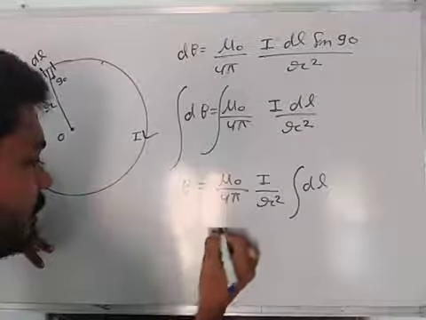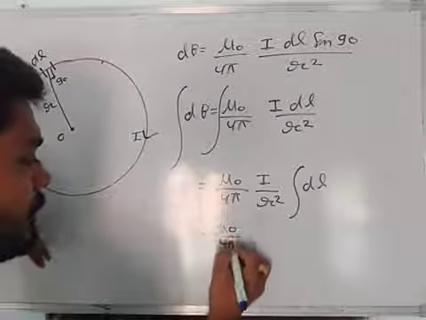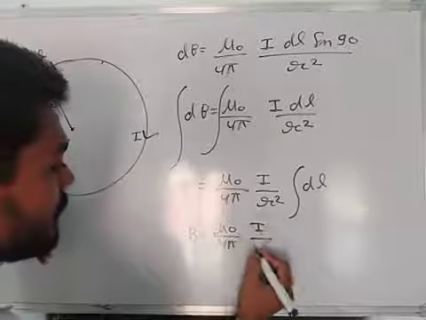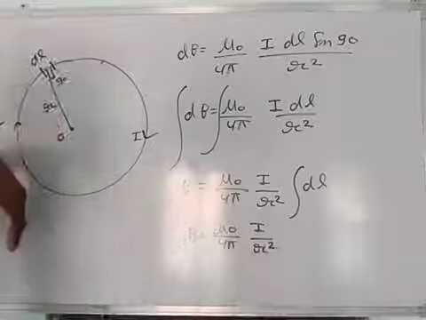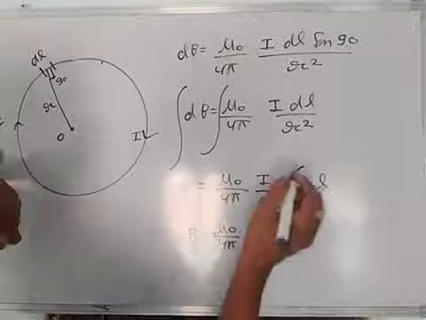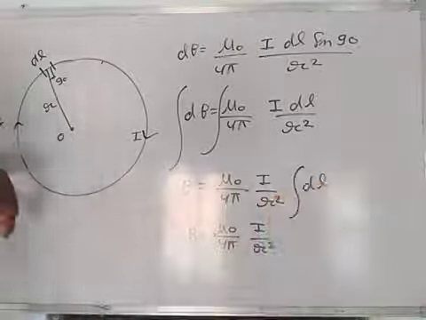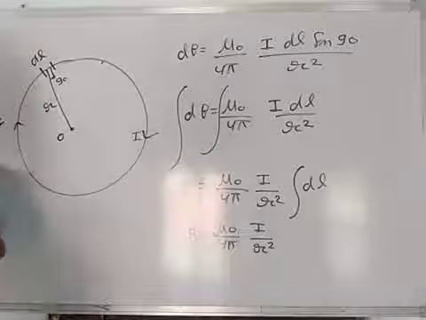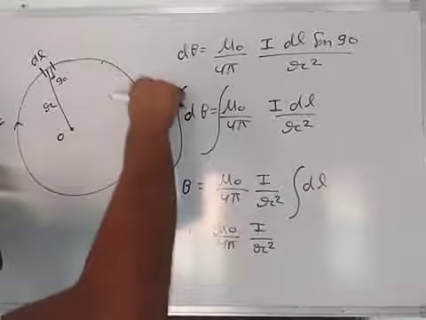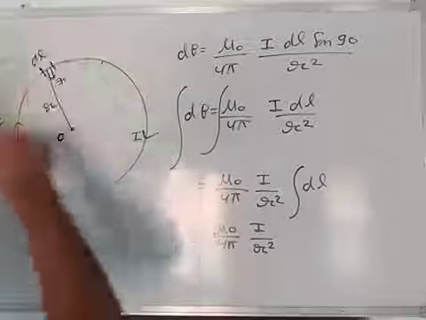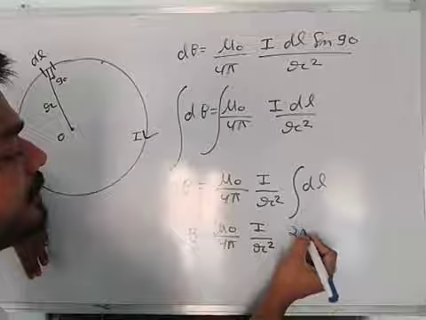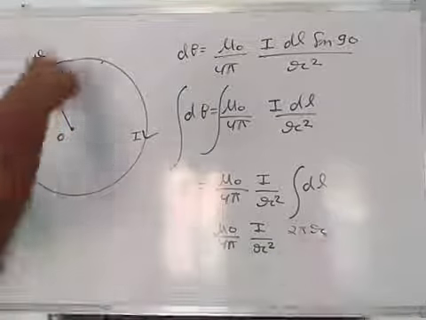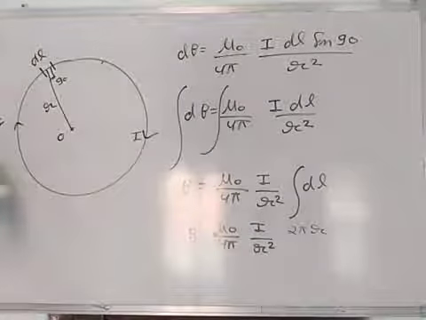B is equal to mu naught upon 4 pi I by r square times the integration of dl. If you integrate dl, you will get the complete circumference, and the circumference of a circle is 2 pi r.